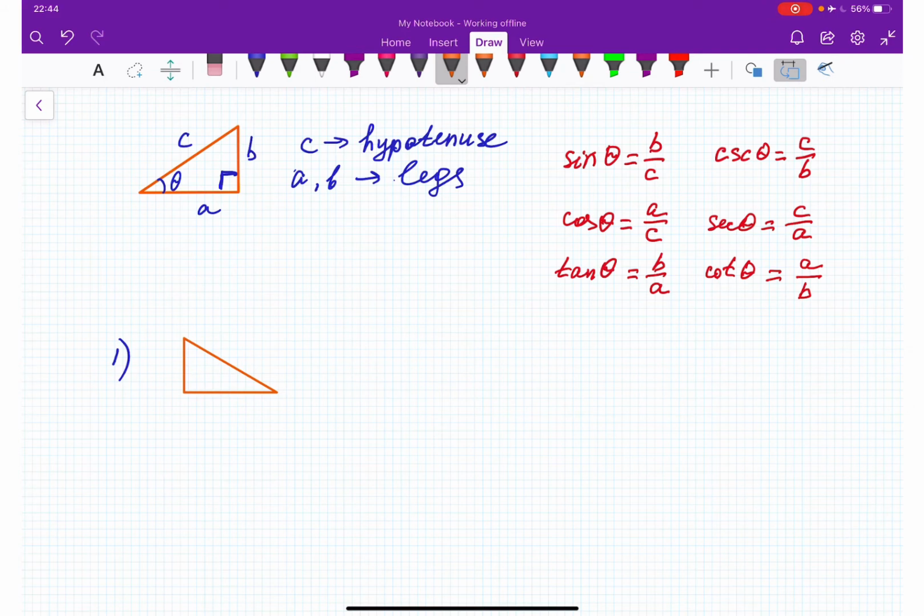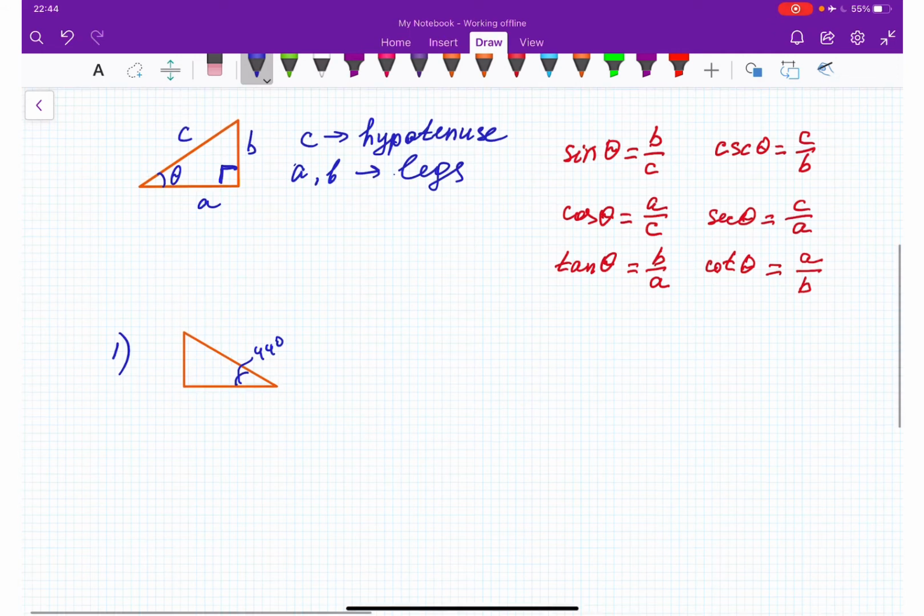And we have here the angle 44 degrees. Okay. We have hypotenuse 8 inches and legs B and A. So let's find sine and cosine for our angle of 44 degrees.